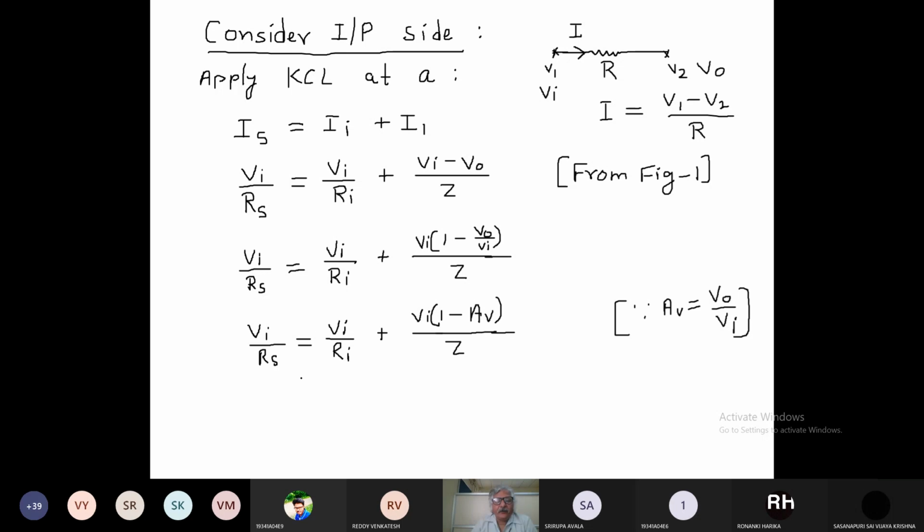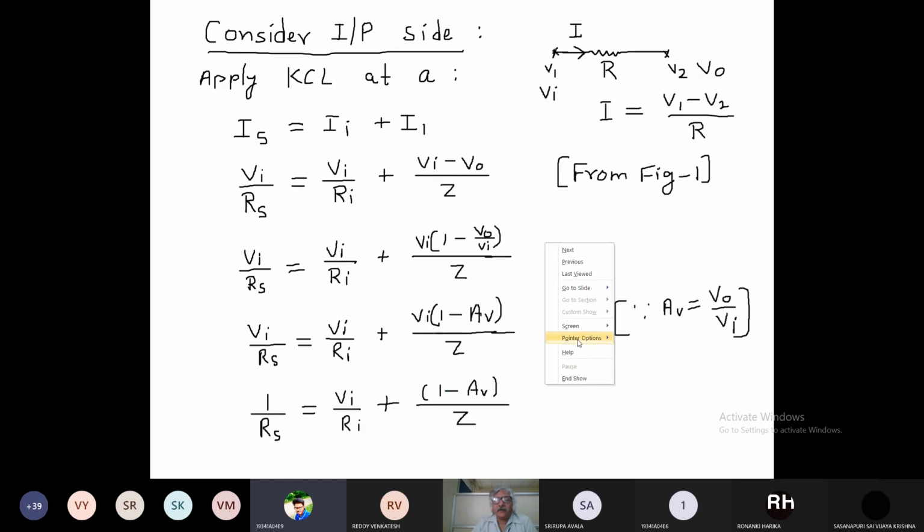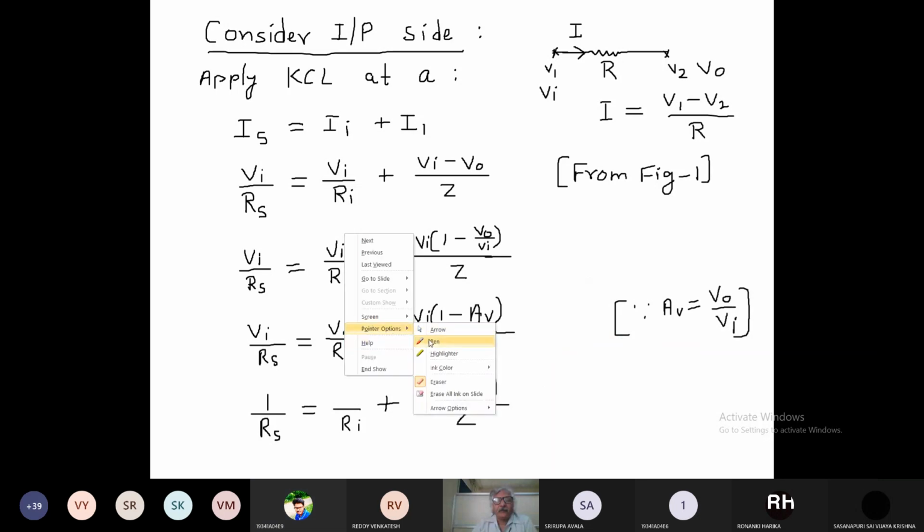We can write it as 1 by Rs is equal to 1 by Ri plus (1 minus voltage gain) divided by Z. Yes, correct, it is 1 by Ri.